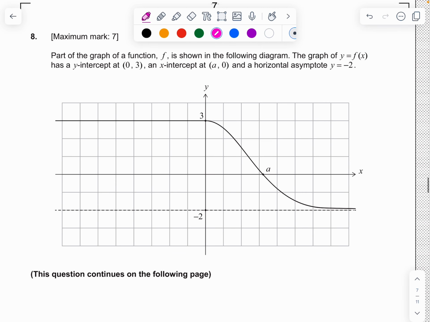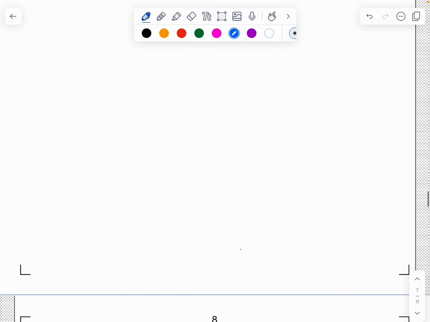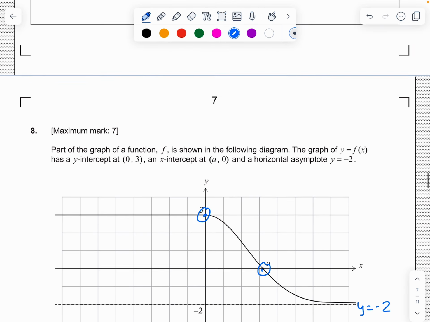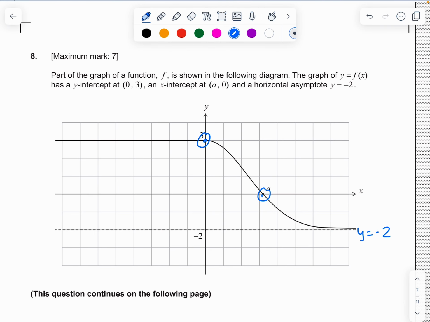Question number 8. Part of a graph of f of x is given with y-intercept at (0, 3), x-intercept at (a, 0), and asymptote y equals -2. On the following, sketch the graph y equals g of x, labeling the x-intercept and so on. So first of all, it is f of absolute value of x.